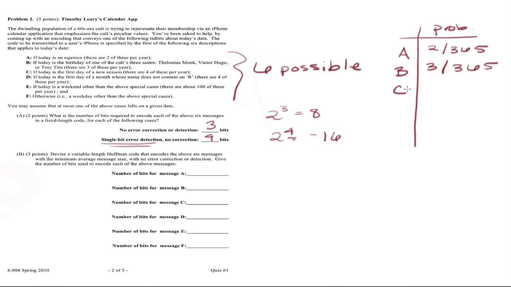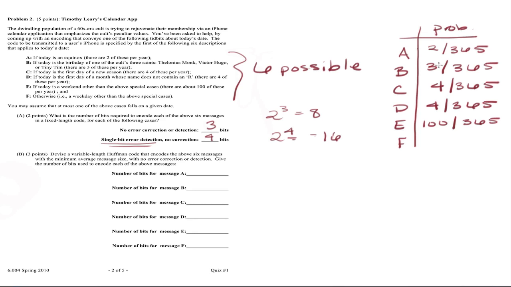C. If today is the first day of a new season, there are 4 of these per year, so 4 out of 365. D is if today is the first day of the month whose name does not end in R, so it tells us there are 4 of these per year, so we know that's also 4 out of 365. E. If today's a weekend, other than above special cases, there are about 100 of these per year. So we'll say 100 out of 365. And then we have F, which is otherwise.